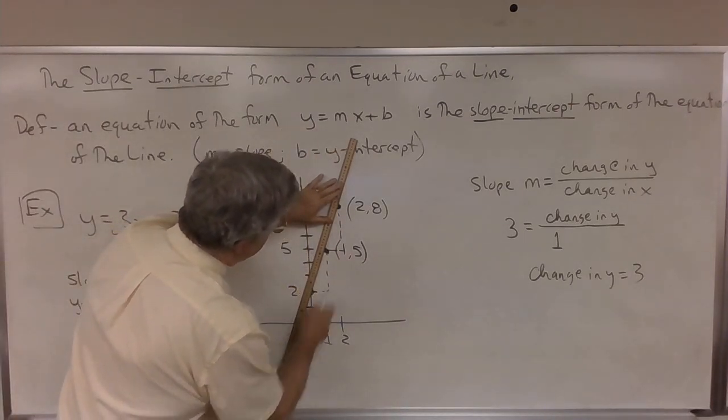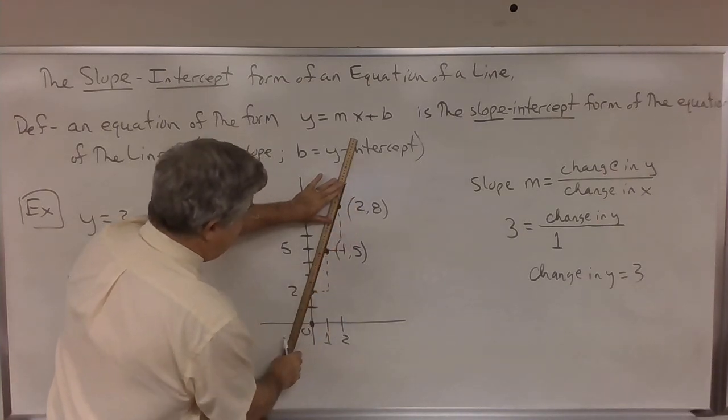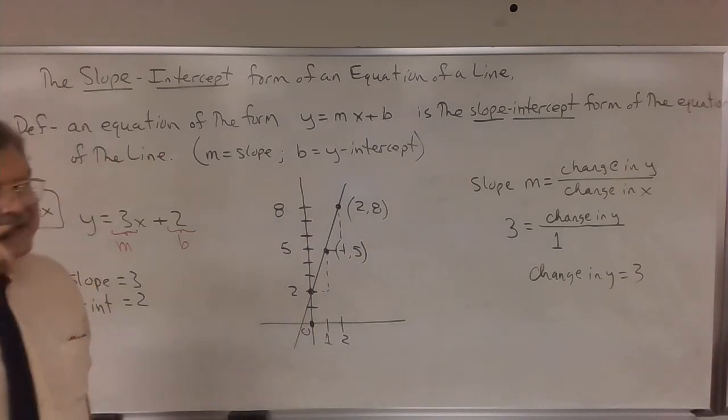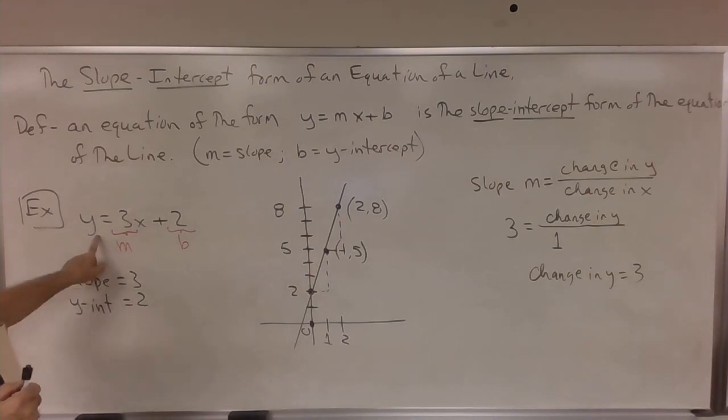And sure enough, they're all on the same line. So this is how we can graph the line y equals mx plus b.